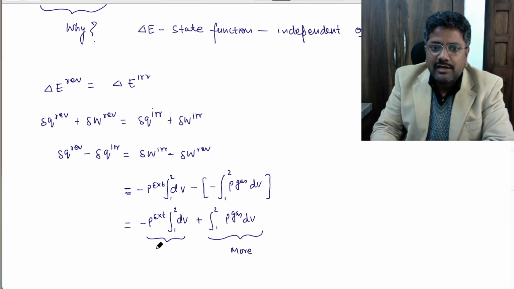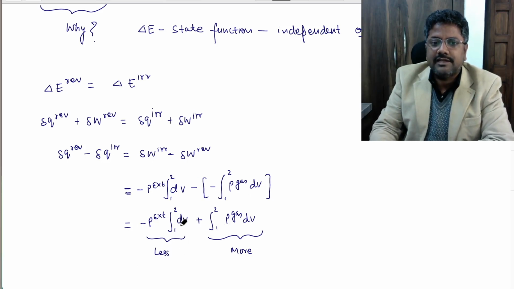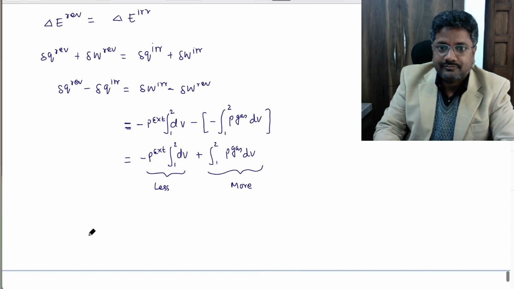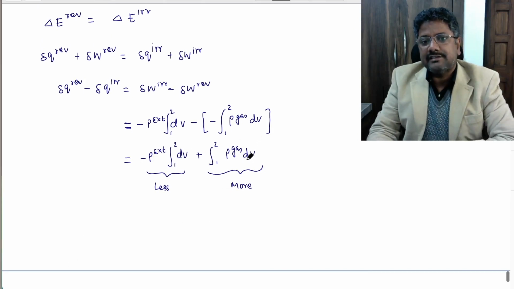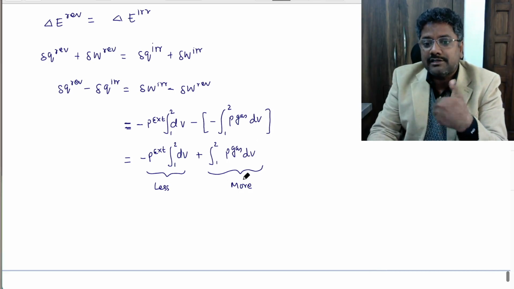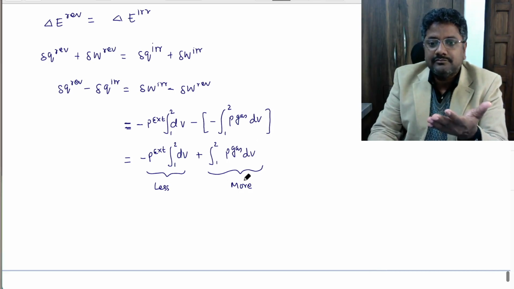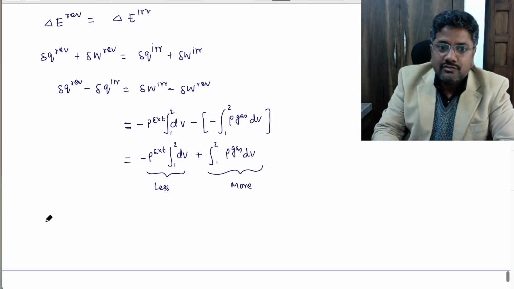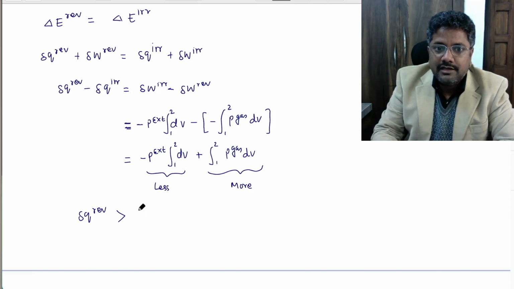This term is less. Because in reversible expansion, more work is delivered to the surrounding, and less work in the case of irreversible. Thus you can say delta Q reversible is more than delta Q irreversible.